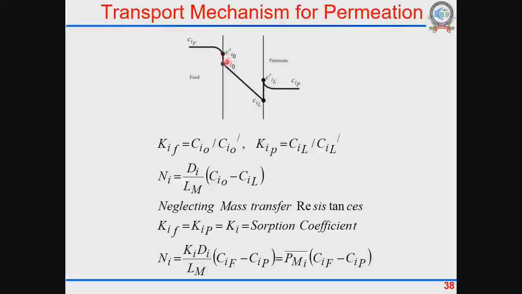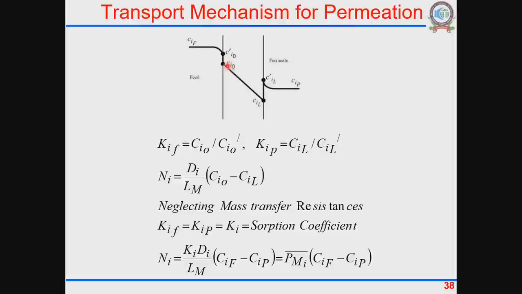This is getting partitioned into the membrane, diffusing through the membrane, and again getting partitioned from the membrane side to the permeate side, and again there is a mass transfer resistance from the membrane side to the bulk permeate side. Let's think about this partitioning in terms of the ratio of the concentration on the membrane side divided by the feed side, or in terms of the permeate side partitioning, the concentration in the membrane divided by the concentration in the permeate side.